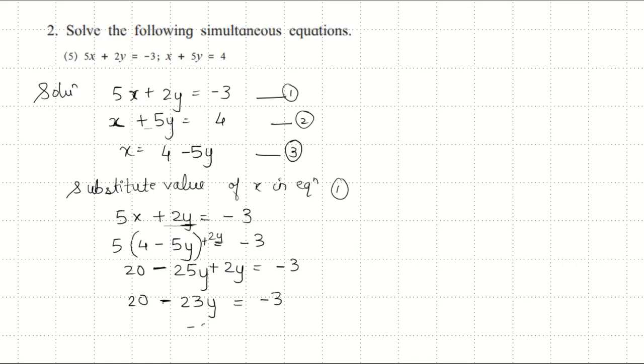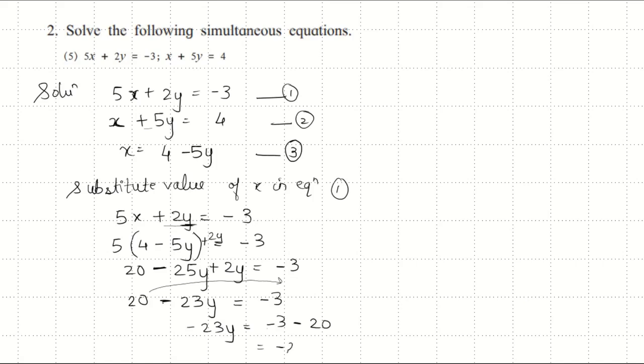Okay, so minus 23y is equal to minus 3 plus 20. When this 20 goes to the right hand side, it will become minus 20. So minus into minus will be plus. We need to add 20 plus 3, which is 23. But the sign will be of the greater number, which is minus.